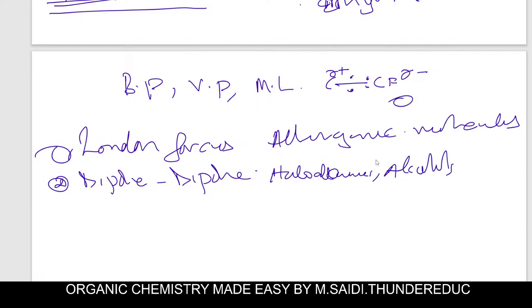Oxygen is also electronegative. It pulls the bonding pair of the electrons towards itself. Anything which has the halogen, anything which has oxygen, it has dipole forces. Esters, ketones, aldehydes, alcohols, carboxylic acids, haloalkanes, all of them, they have dipole forces.